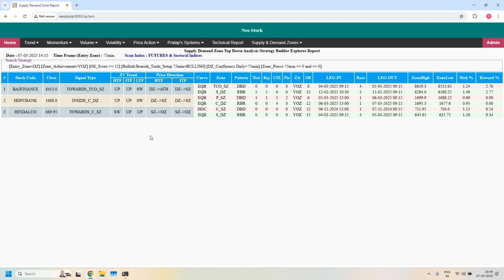That means in these 3 stocks, these 75 minutes demand zones are overlapped with daily demand zone. And the daily trend is up in all the 3 stocks because it is a bullish trade setup. If any of these stocks' daily demand zones are having daily EMA, then the 75 minutes demand zones are having even higher probability to succeed because the 75 minutes demand zone is overlapped with daily demand zone.